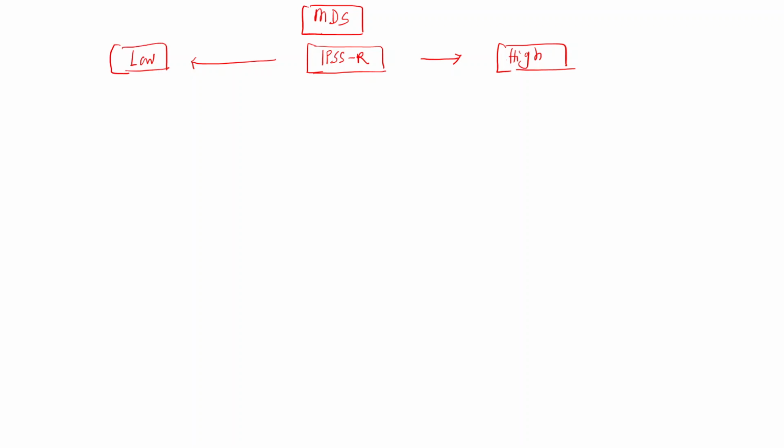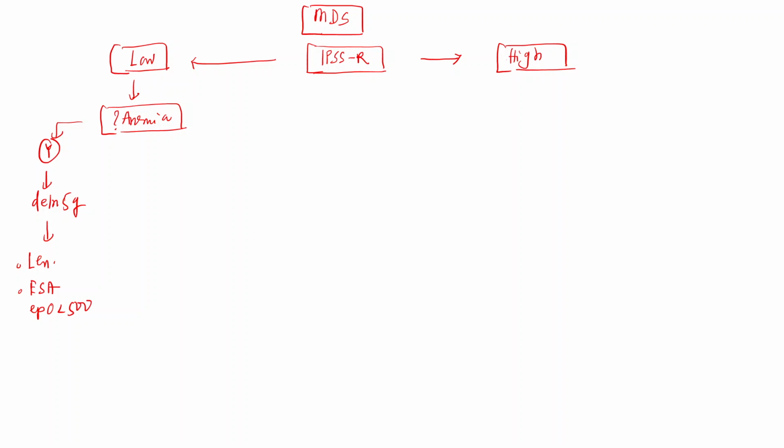In the low risk group, if the patient has only anemia, then you have to check whether the patient has a deletion 5q. If the patient has deletion 5q, you give them lenalidomide, and also you can give erythropoietin stimulating agent if the EPO is less than 500.